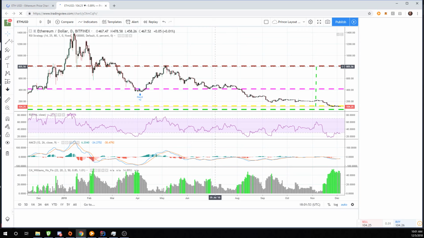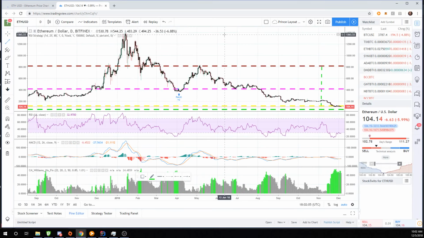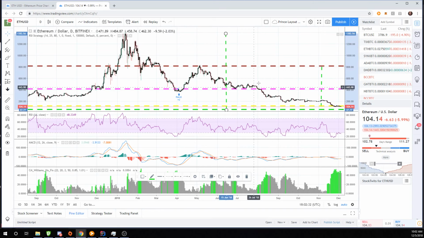So for instance, if I said that I wanted to allocate, I thought Ethereum could go as high as $1,400, wherever this is, and from here I would think it can come down as low as $50 right here. We describe this in terms of an integral, and we describe the integral in terms of a function of where we're allocating and where we're doing our distribution according to our plan.